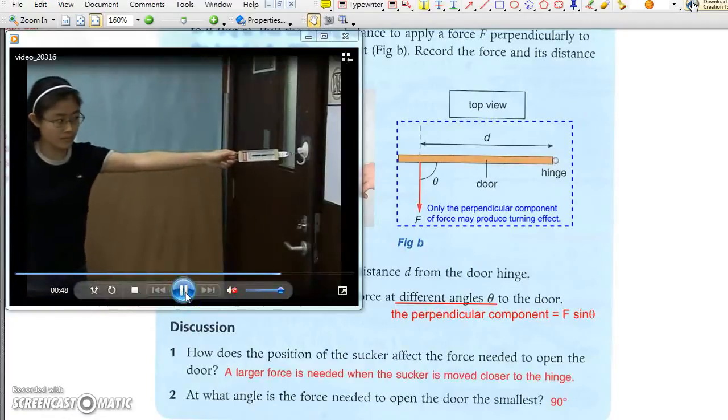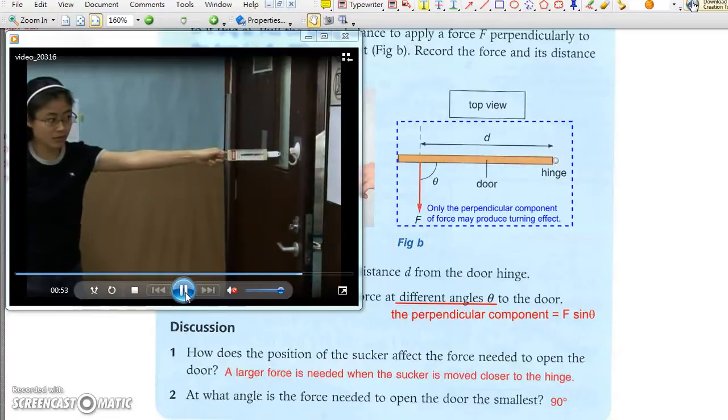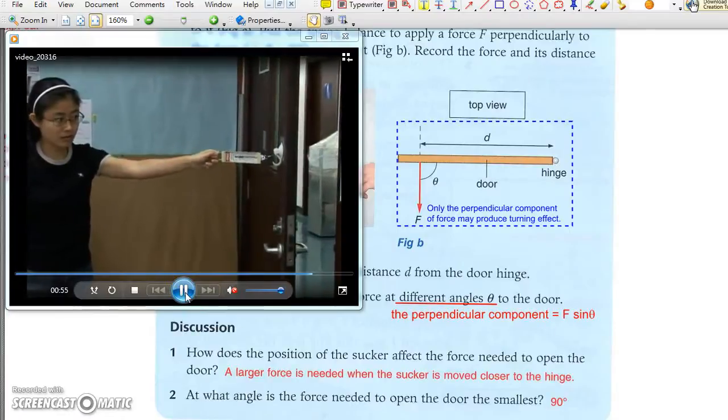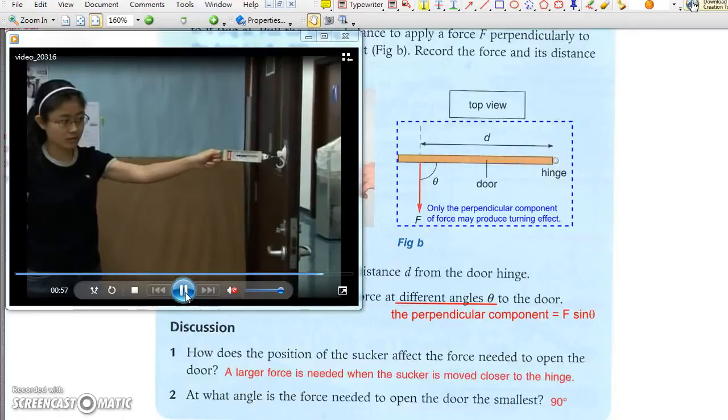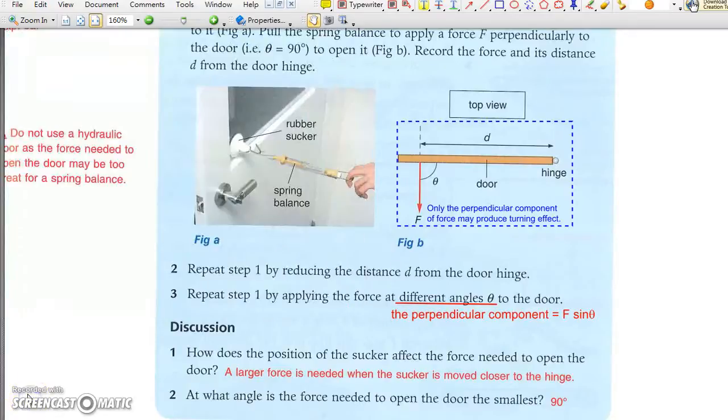Lastly, when the force is applied at an angle, the needed force is also larger. So the direction of the force is also important, because only the perpendicular component of the applied force may produce a turning effect.